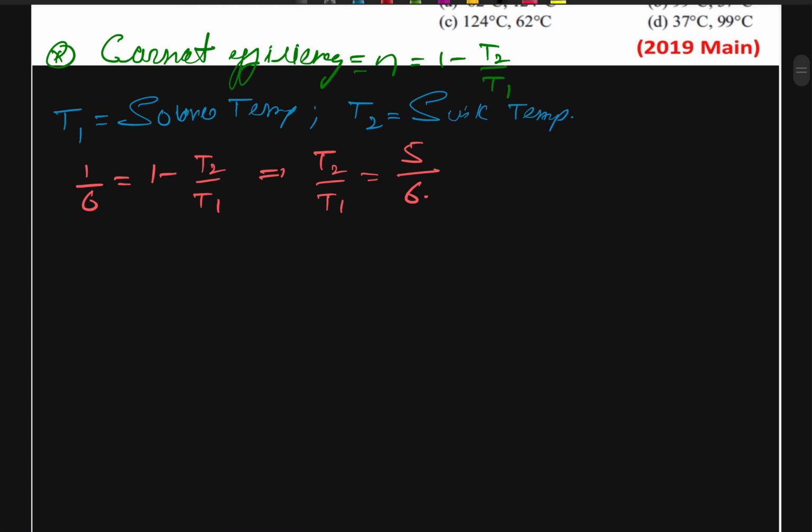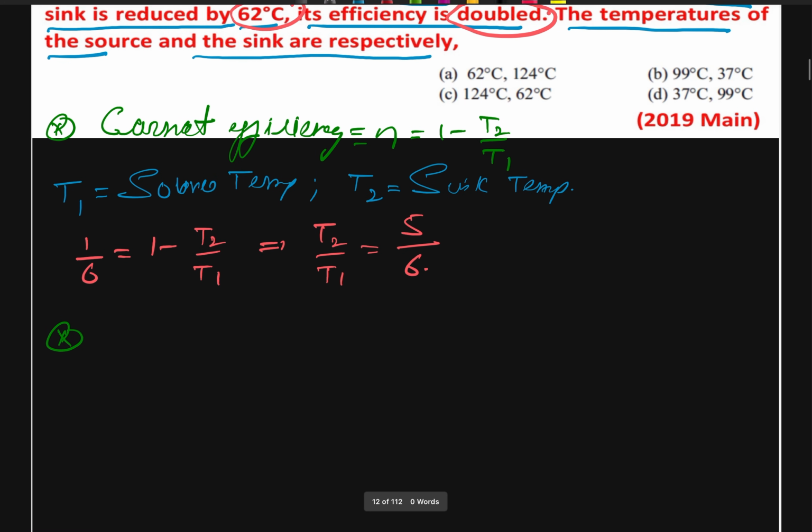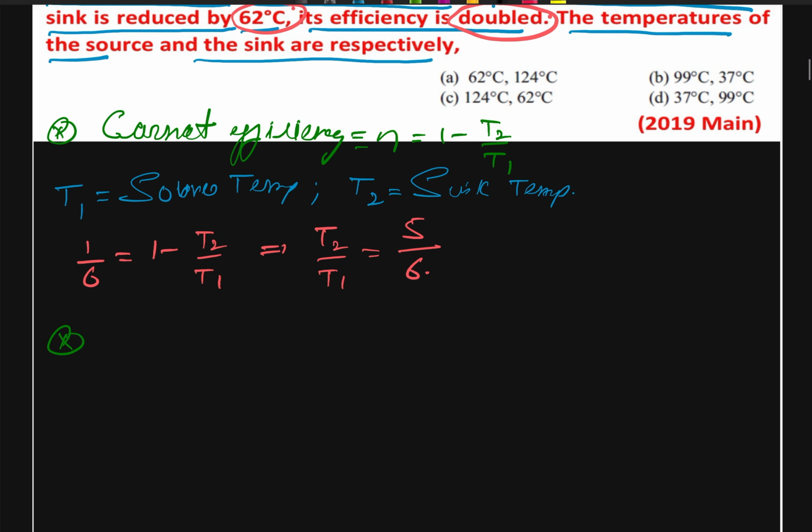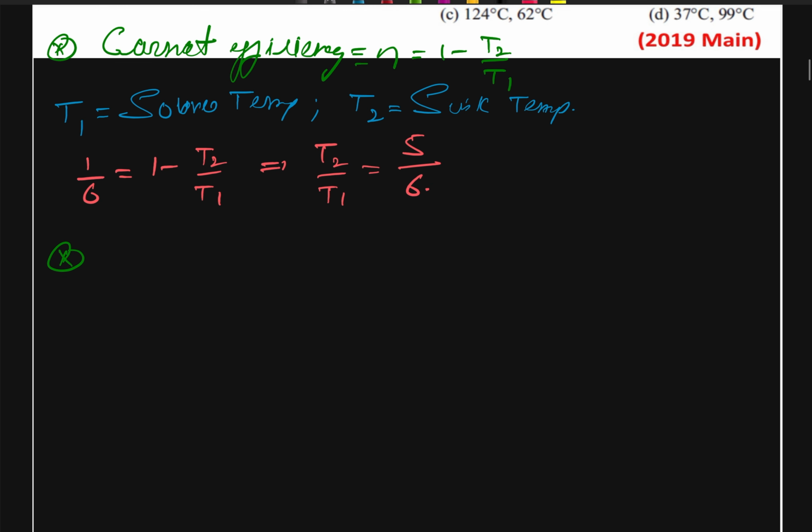So under the second condition, the temperature of the sink is reduced by 62 degrees. Let us suppose the sink temperature in the second case is T2 prime, and this T2 prime will be equal to the original sink temperature minus 62.